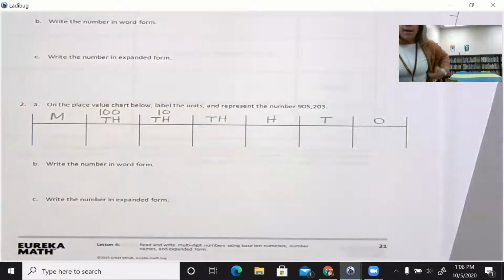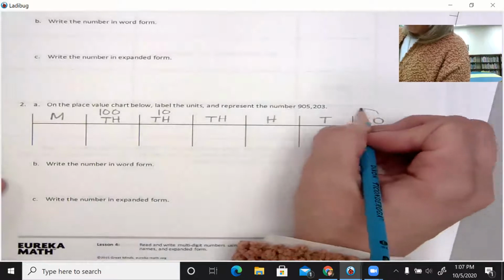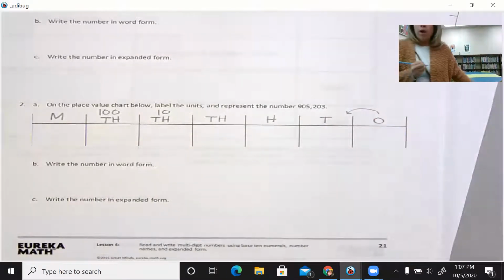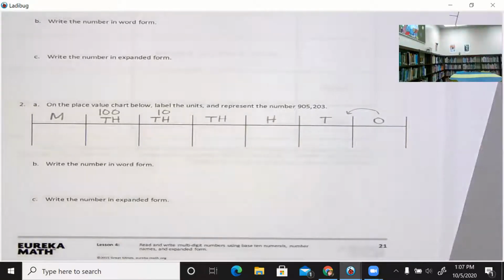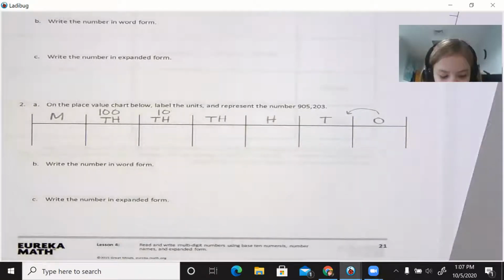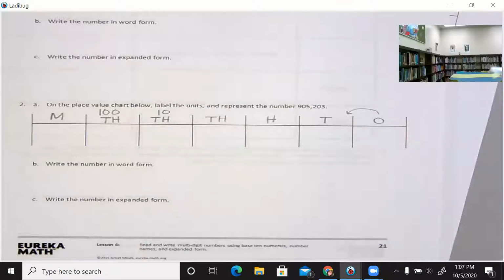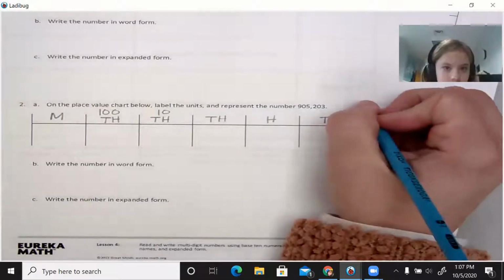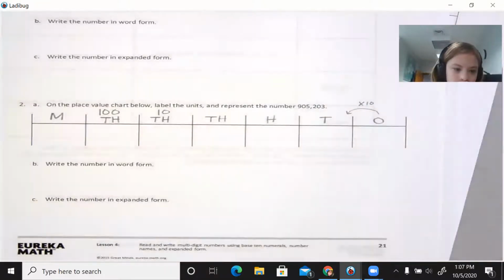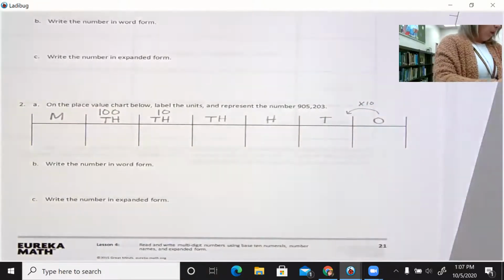As a quick review, every time we move from right to left in our place value chart, are we getting bigger or smaller? Bigger. Very good. How many times bigger? 10 times bigger. Now we're going to go backwards.